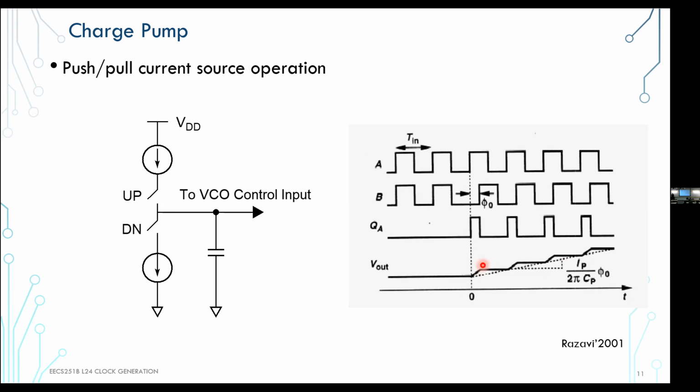If I apply this directly to the VCO, the VCO has to integrate a little bit as well, right? But this slope is proportional to the current that I have in the charge pump. 2 pi comes from the phase detector, and then you have a CP, right?